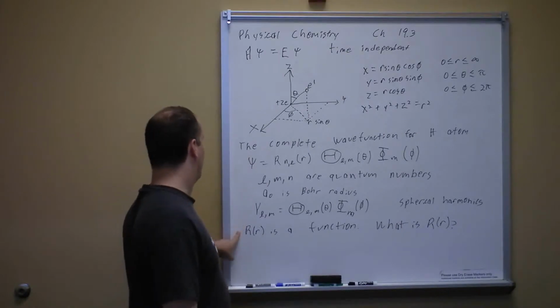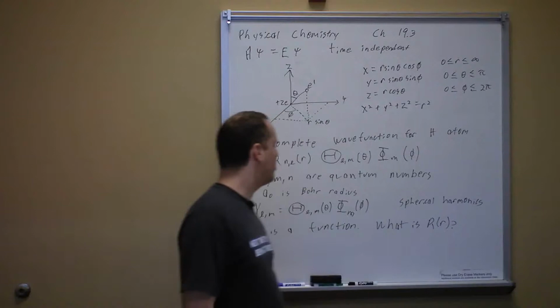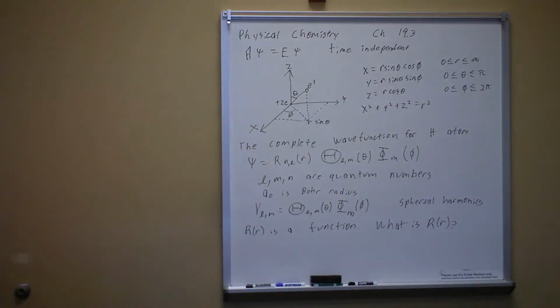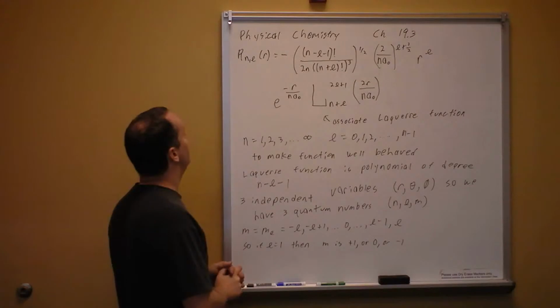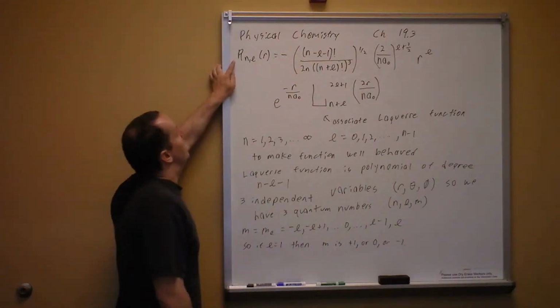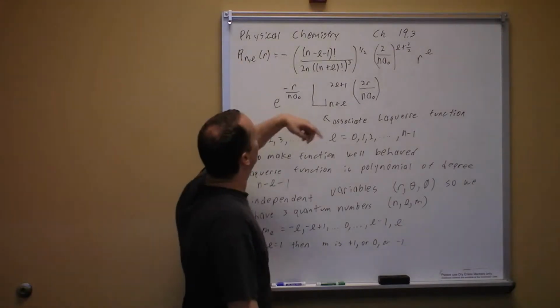So R is obviously a function of the radius, but what is this function R? Well, here's the answer for that function of radius and quantum numbers n and l.